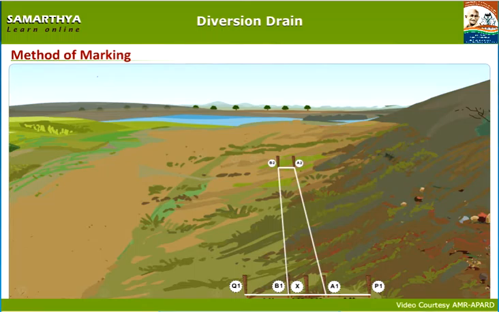From Q1, measure 30 meters in the same direction and fix a wooden pole and mark it as Q2. From P1, measure 30 meters in the same direction and fix a wooden pole and mark it as P2.